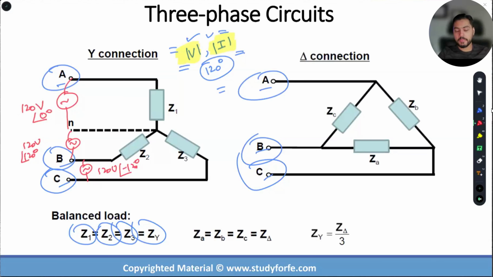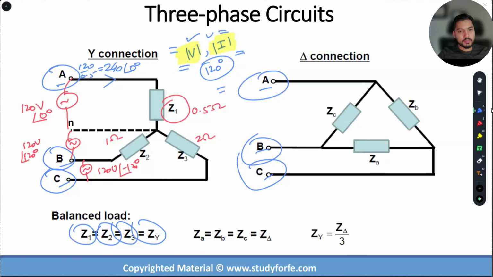But here's the thing. Z1 is equal to 0.5 ohms. Z2 is 1 ohm, and Z3 is 2 ohms. If you apply a simple Ohm's law, this current is going to be equal to what? 240, which is basically 120 divided by the impedance.